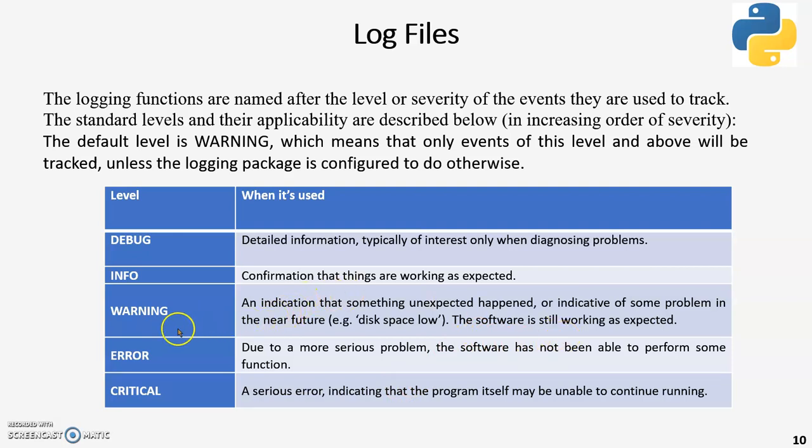When do we have the error level? It is due to a more serious problem, where the software has not been able to perform some functions. Critical is the level where a serious error indicates that the program itself may be unable to continue running.